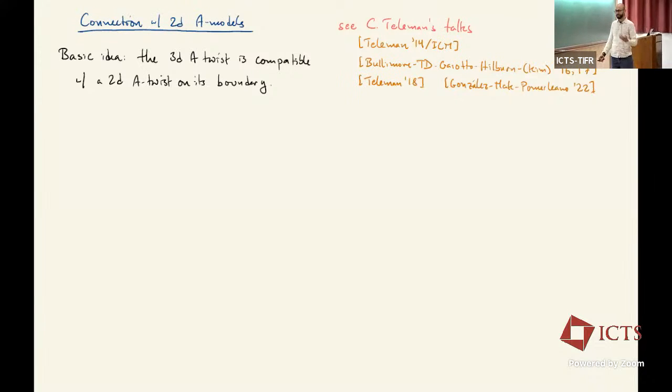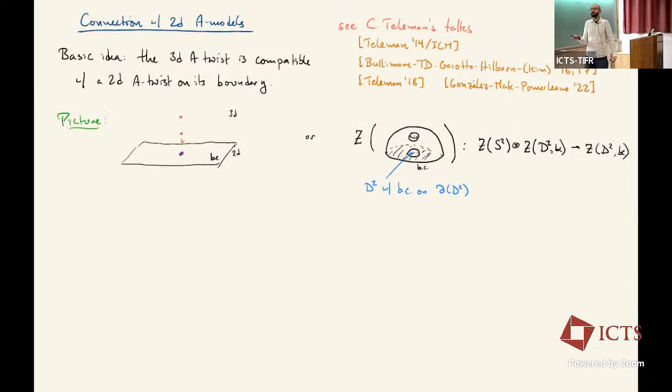To preface another topic that's going to show up in this conference in Konstantin Teleman's lectures, there are lots of connections between all of this and two-dimensional A models. And the picture is that 2D A models live on boundaries of 3D A models. So I have in my head that local operators in a 3D theory act on local operators on a boundary.